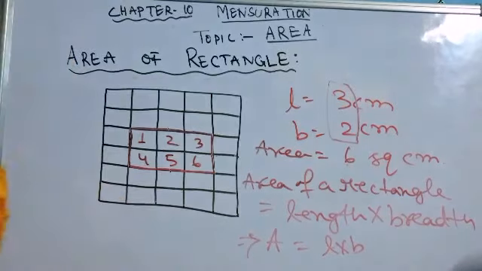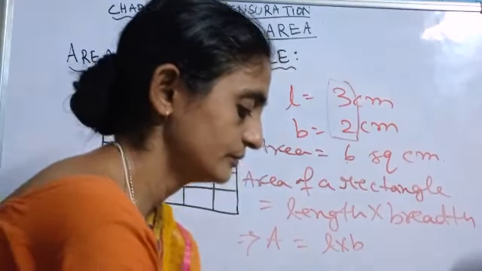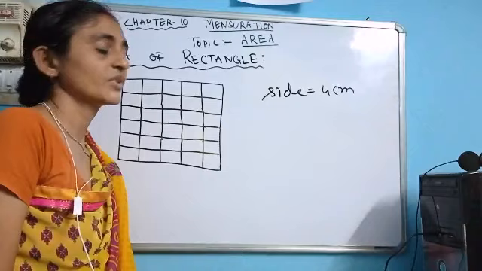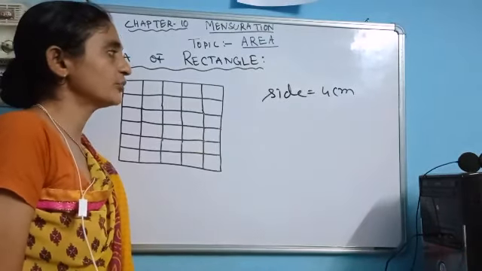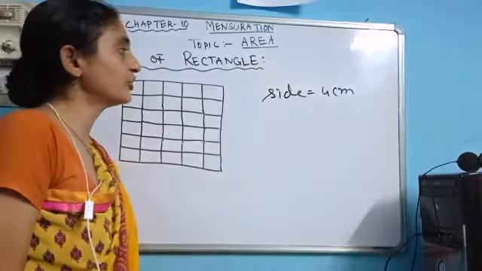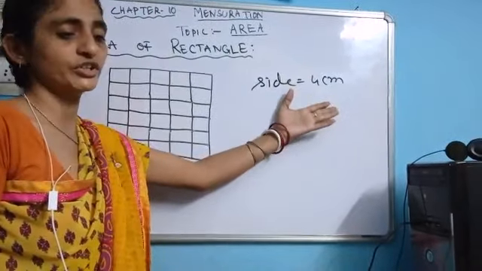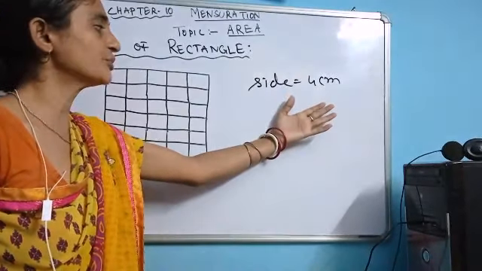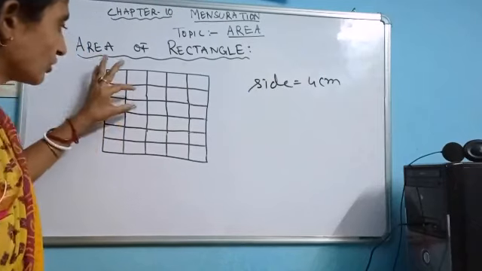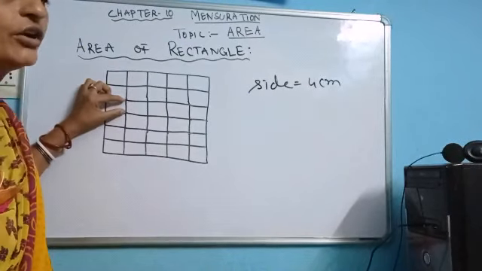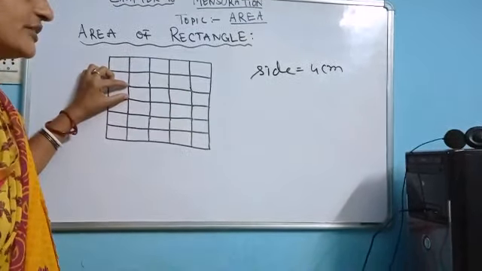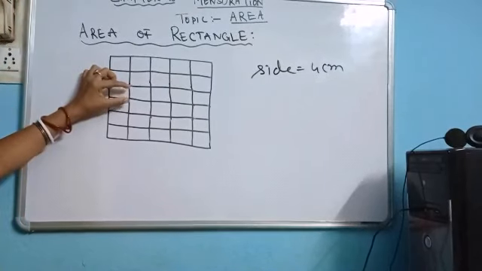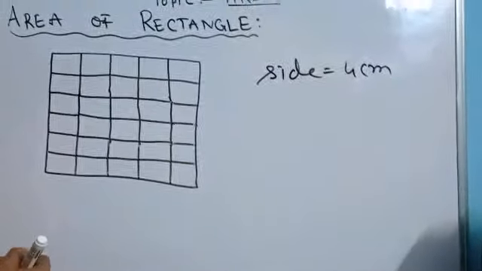Let's come to a square. Let's take an example of a square where the side has a length of 4 centimeter. Okay, so 4 centimeter means from this box, each side of each square we are considering as 1 centimeter. So in this case, what will be the area of that square?